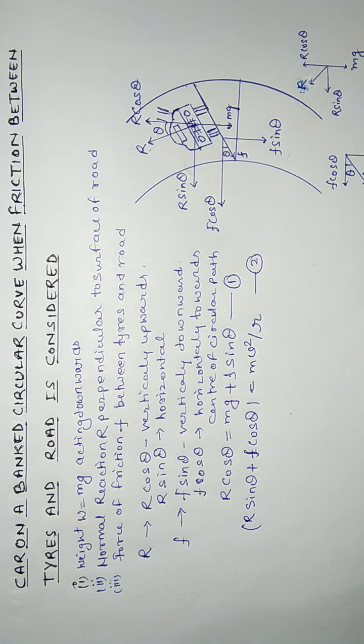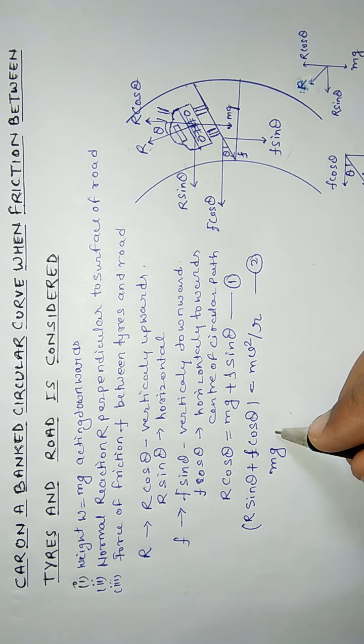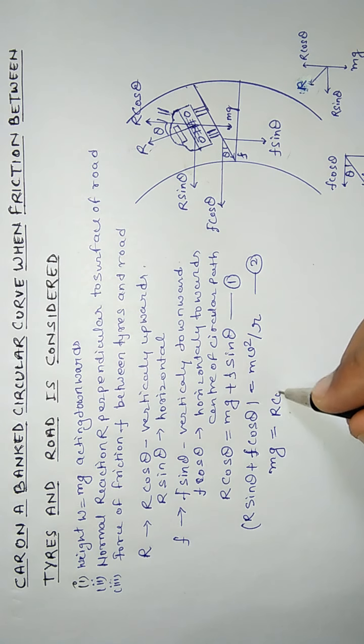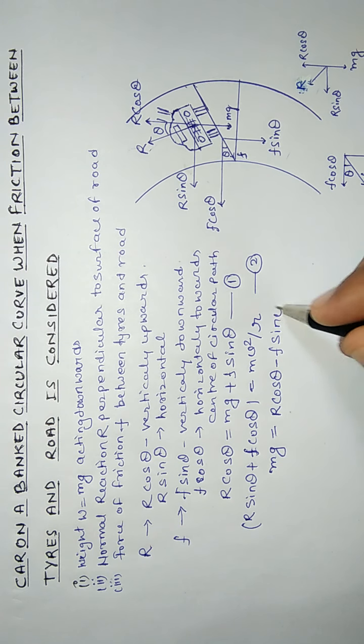On solving equations 1 and 2, we have mg is equal to R cos theta minus F sin theta from equation number 1.